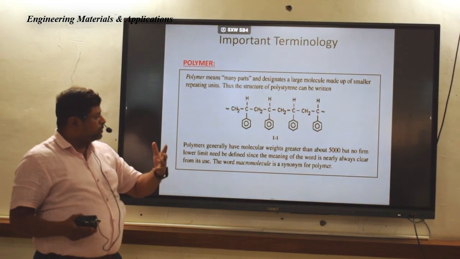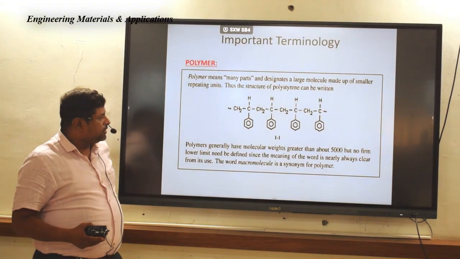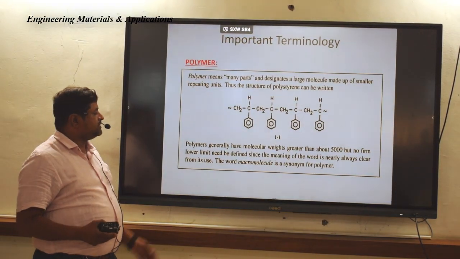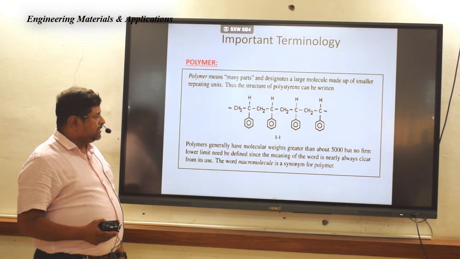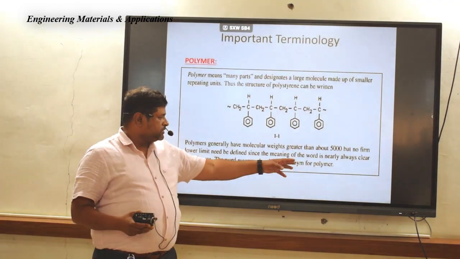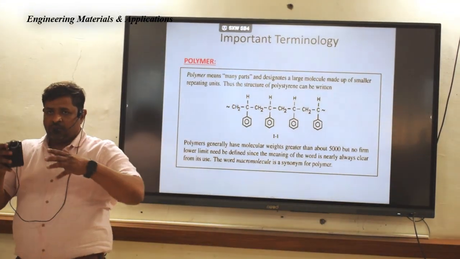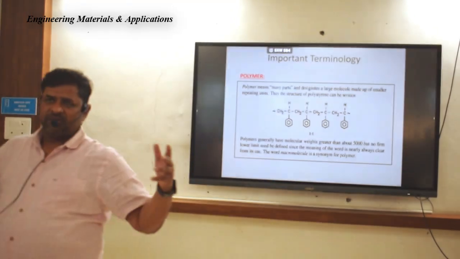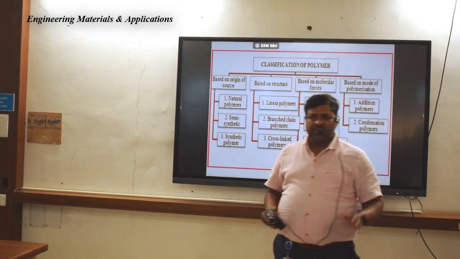Polymers generally have molecular weight greater than about 5,000, but no firm lower limit needs to be defined since the meaning of the word is nearly always clear from its use. The word macromolecule is synonymous with polymer. And then the next slide is about the classification of polymers.